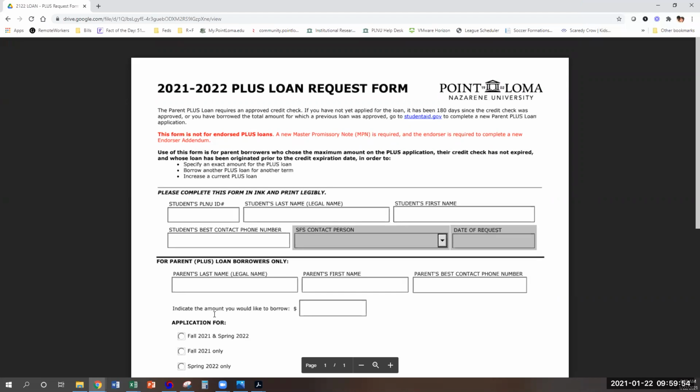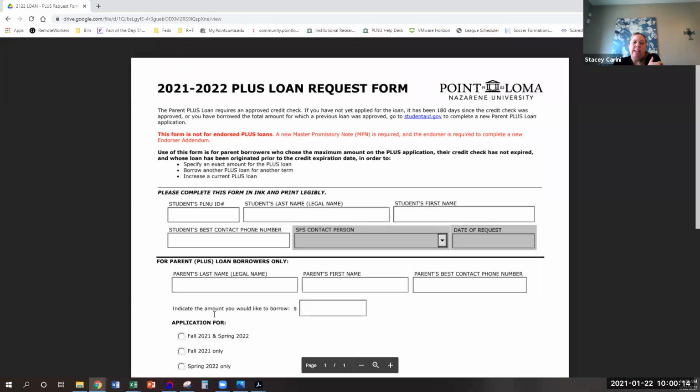Sometimes they request the max amount because, like for fall and spring, this is what I'm thinking, if they want a certain amount, they can always get more. So they don't have to do another PLUS application if they want to increase it later.